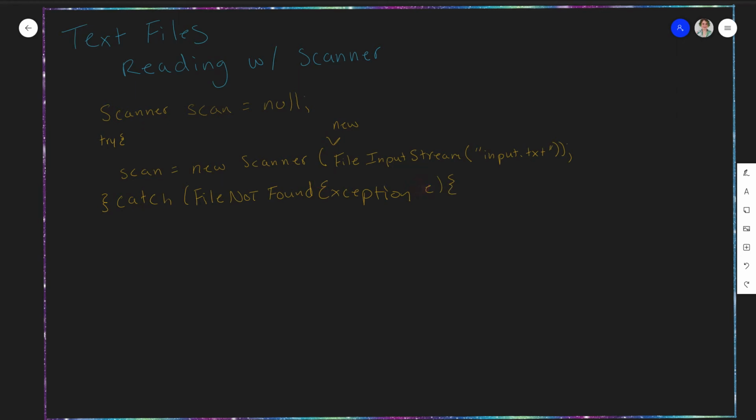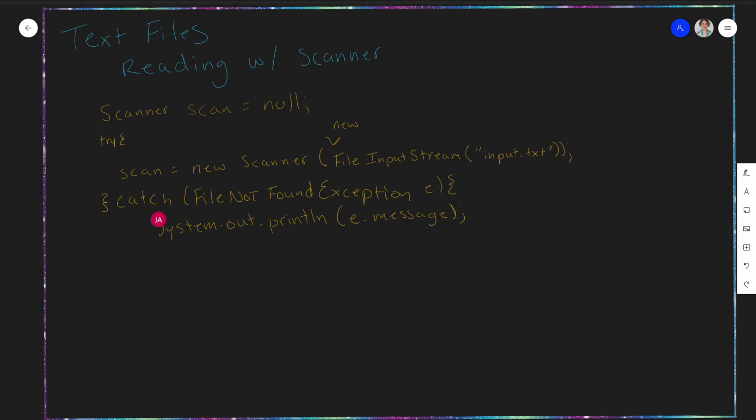So then in our catch here, we're just going to do whatever we want to do to handle it. So in this case, we're just going to say system.out.println, and then we're going to say we want the message, so e.getMessage. We just want to print that out because we want to know what's going on.